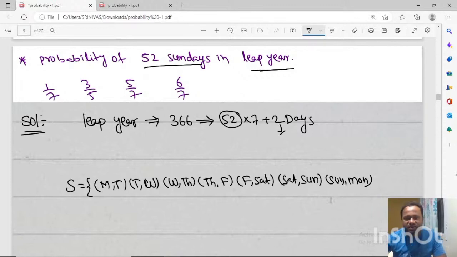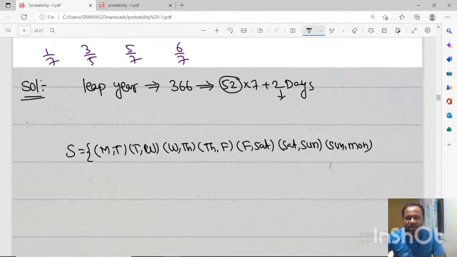So these are the choices. Two days, these are all the choices.